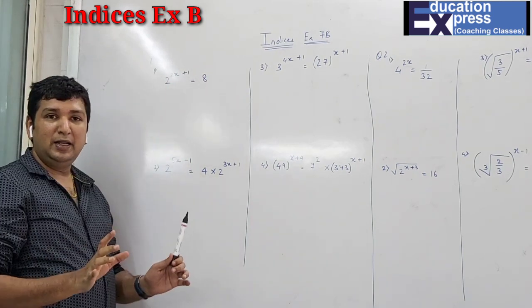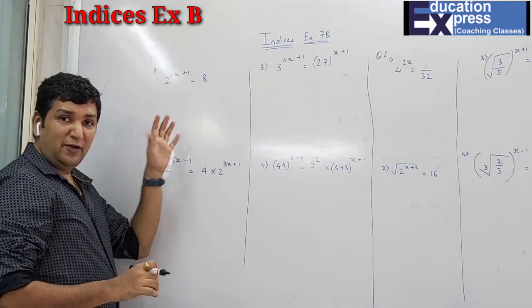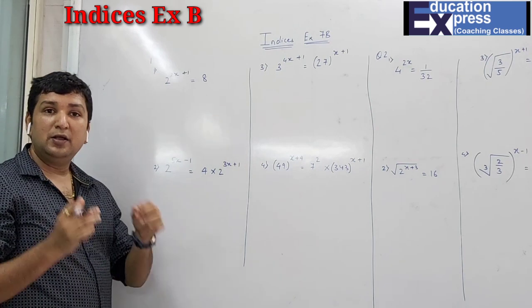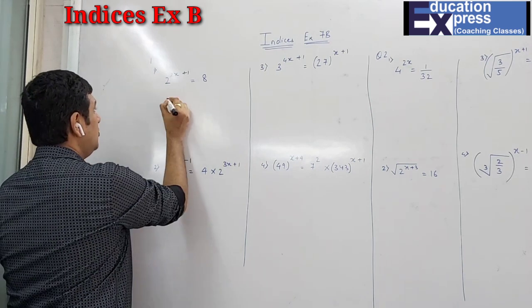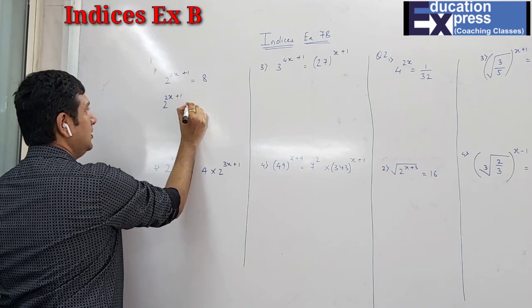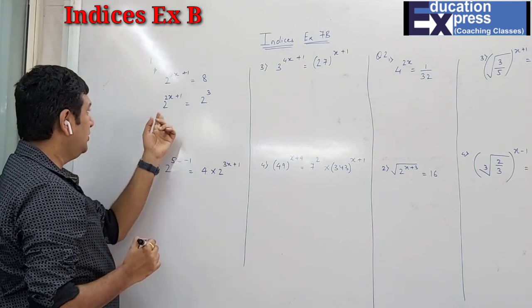After this we have to just get both of them in the same base. So here 2 raised to 2x plus 1, and instead of 8 you can write 2 cube. So now the bases are same.